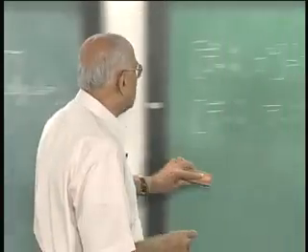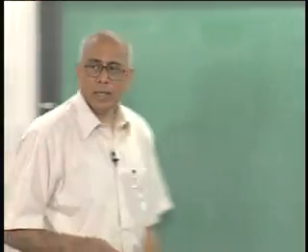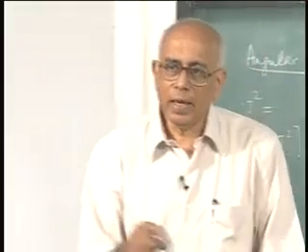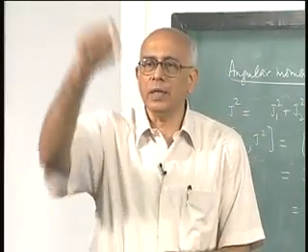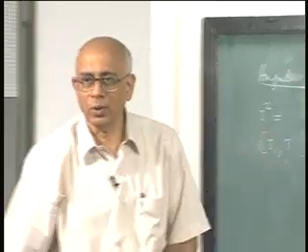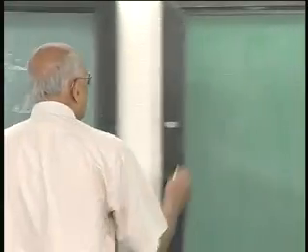So let us do the following. In the case of the harmonic oscillator, we found that these operators a and a dagger were like ladder operators. They raised you from one state to another and brought you down from a higher state to a lower state. So the question is, can I find similar ladder operators here? And the answer is yes, in fact you can. So let us do the following.